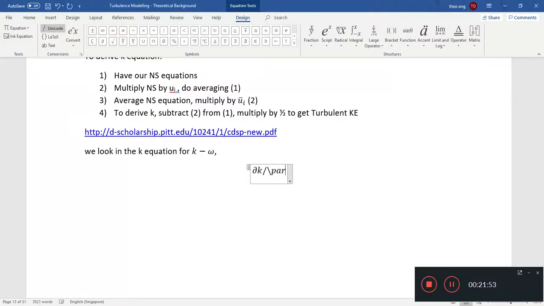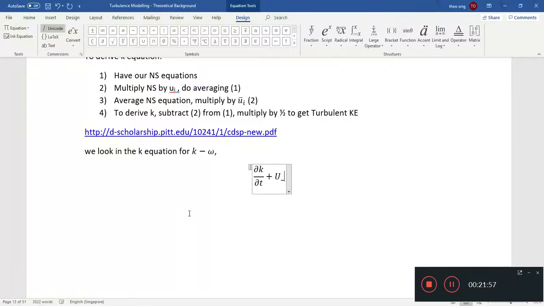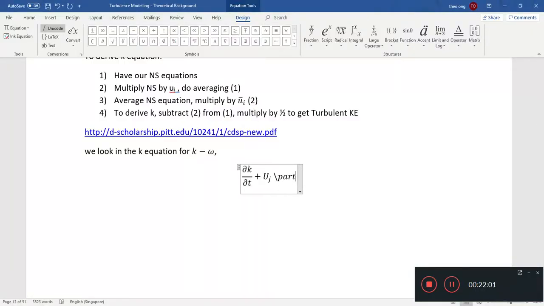we just write down partial K partial t plus Uj partial K partial xj. So this is Einstein notation again, equals to tau ij. So this looks a bit different again, but not to worry.